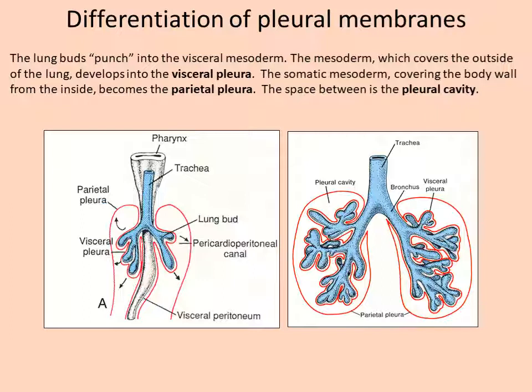In the second figure we can see how the lung bud is expanding and invaginating into the pleura. The visceral pleura is the one present immediately around the lung bud, and here we can also see how the pleural cavity is decreasing in volume, and the outermost layer is the parietal pleura.